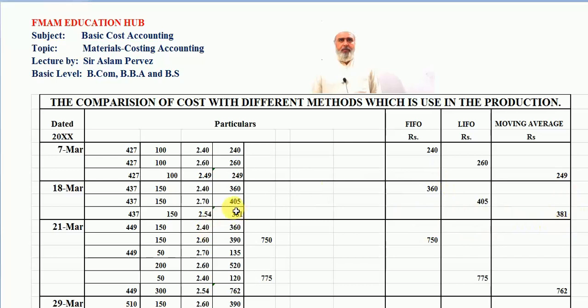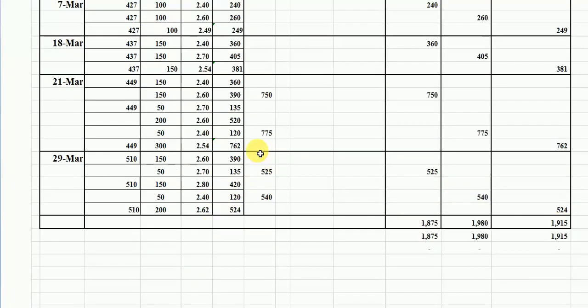As well as we are issuing units again and again on other dates like 18th March, 25th March, 21st March and 29th March. The sum of the FIFO cost is here, the LIFO cost is here, and every cost method is here.